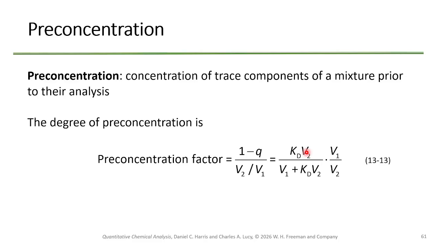I pre-concentrate my coffee to a very, very concentrated solution. That way you get more caffeine with less of the volume, right? So when you go to do an extraction, you get a larger amount of caffeine without having to try to do an extraction on 100 milliliters. So it's kind of like a reverse dilution. Yep, it's a reverse dilution, concentrating.